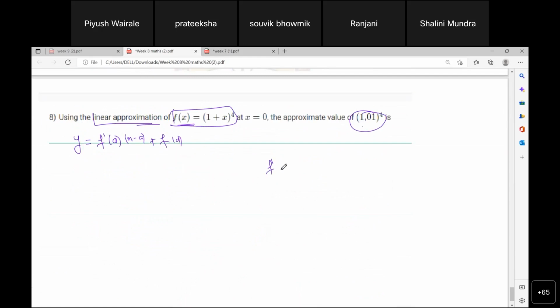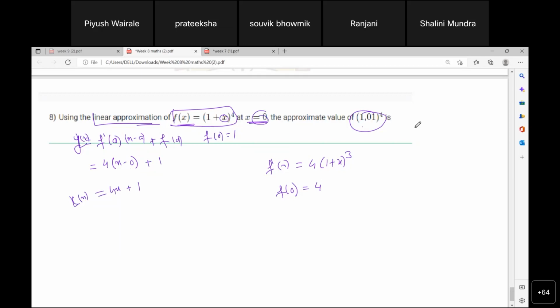What is the differentiation of f of x? 4 into 1 plus x cube. At point x equals 0, I have to find it out. At x equals 0, what will I get? 4 only. If I put it here, that is 4 times x minus 0, and f of 0 I will get as 1 only. So f of 0 is 1 here. What will I get? 4x plus 1. This is my linear approximation, L of x.